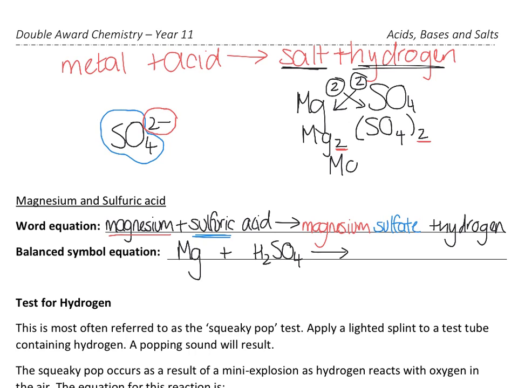So it will be Mg1 SO4 1. I can ignore my ones, and so it's just Mg brackets SO4. And then because there's no number outside the brackets, I can remove my brackets and just write it as MgSO4. So my formula for magnesium sulfate is MgSO4.